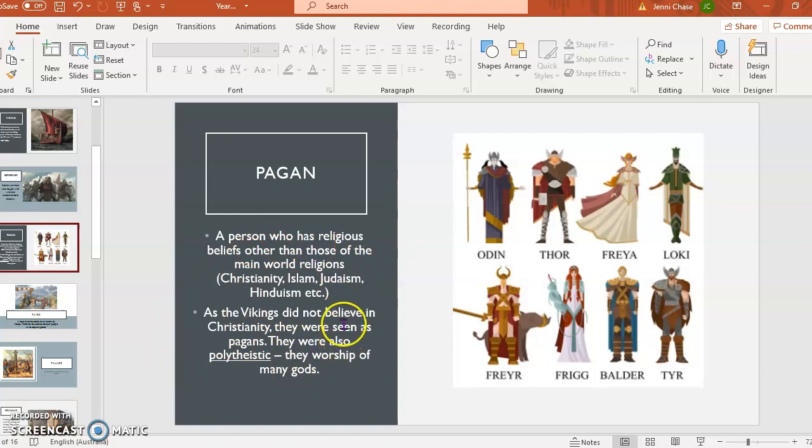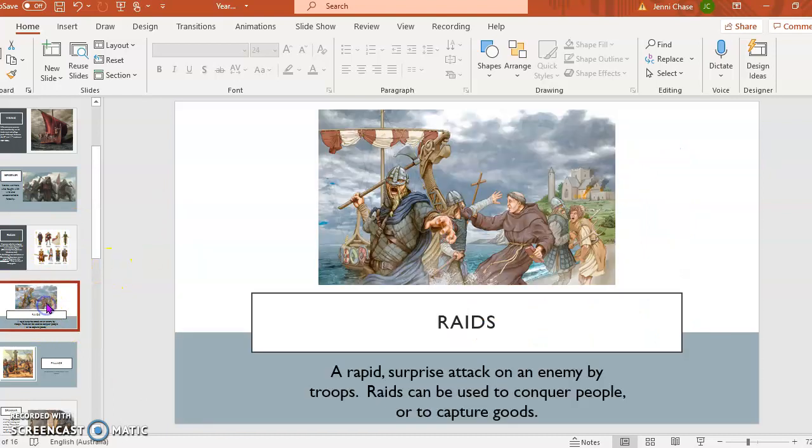Towards the end of the Viking period, they do actually mainly become Christian. But yeah, we'll be interested in their pagan religion and we'll look at some of their gods that you can see over here. Okay, so raids, that's mentioned already.